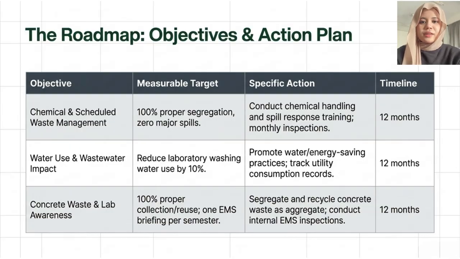Next, the roadmap, objectives, and action plan. This slide shows our action plan to achieve the EMS objectives within 12 months. The first objective is to improve chemical and scheduled waste management by ensuring proper waste segregation, preventing major spills, and conducting regular training and monthly inspection. The second objective is to reduce water use and wastewater impact by lowering laboratory washing water consumption by 10% through water saving practices and monitoring utility usage.